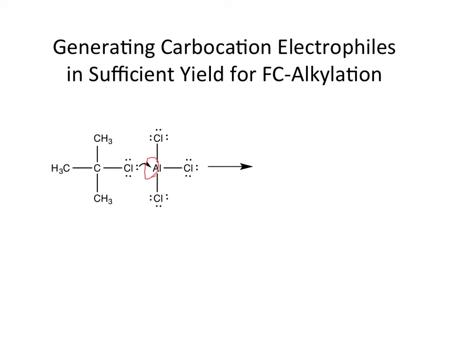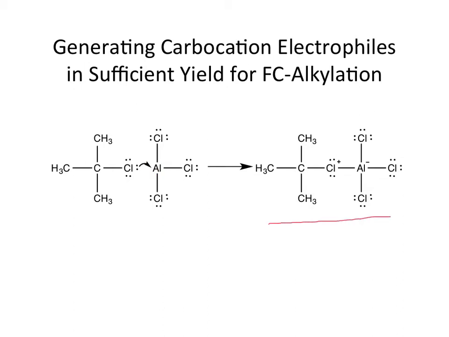An unshared pair of electrons on the chlorine can interact with that empty orbital to create a new complex. And we see that formation of the new complex, where we have the chlorine now complexed with the aluminum. This aluminum now has an octet, so that is a stable complex. The chlorine is now positively charged. This makes the chlorine an even better leaving group, meaning it's even more likely to leave than usual, so we have a better chance of creating our carbocation product.